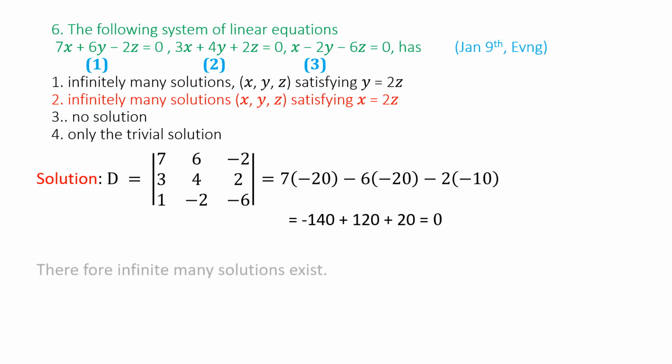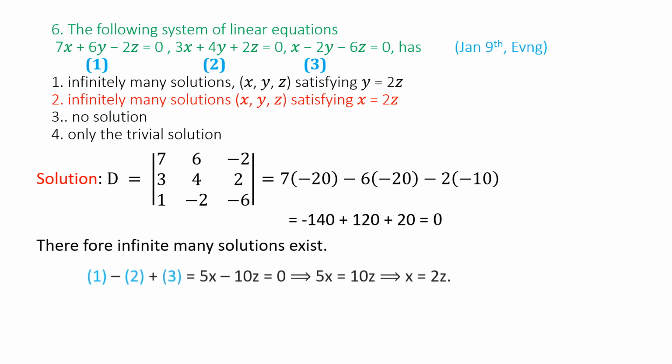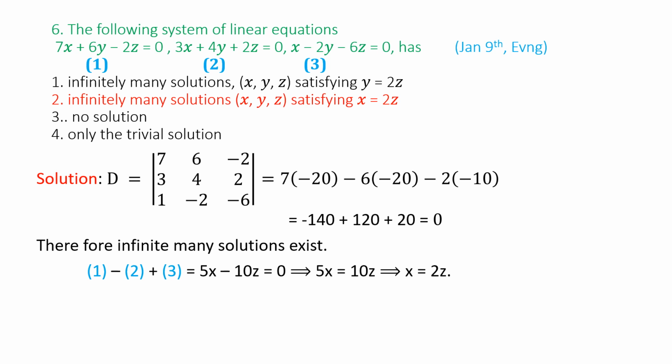So here the equations can be combined as 1 minus 2 plus 3. It will be simplified: 7x minus 3x plus x, 5x. Similarly, 6y minus 4y minus 2y will be cancelled.